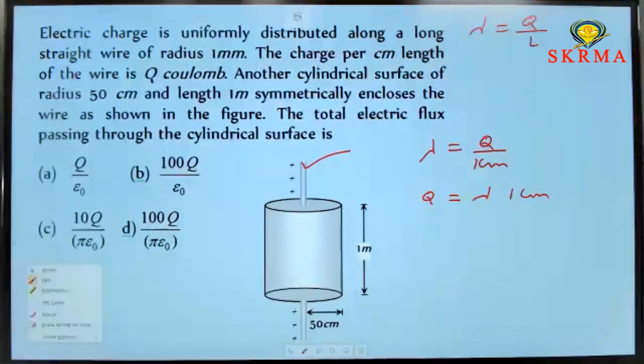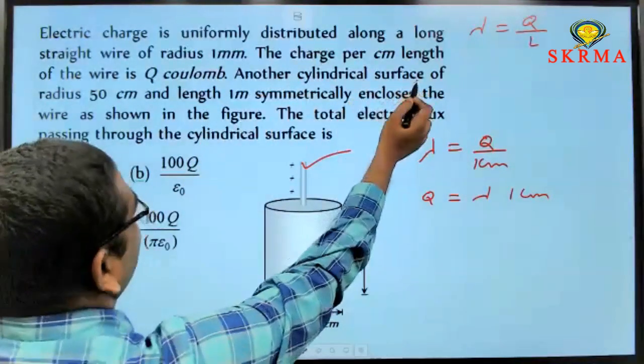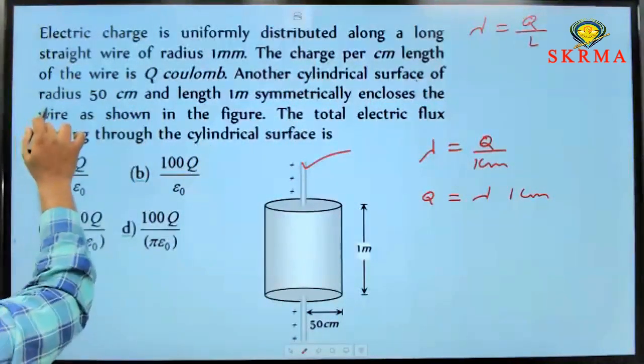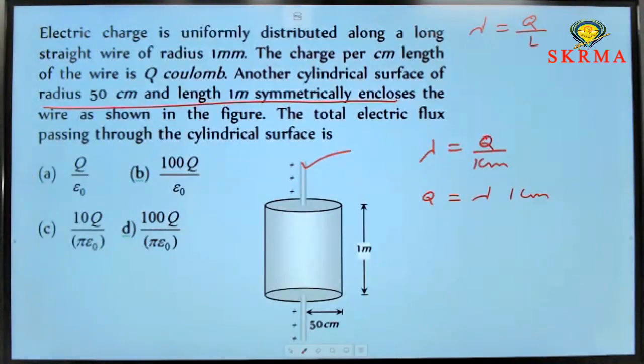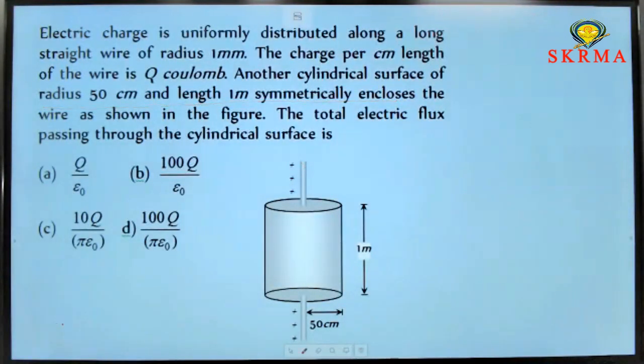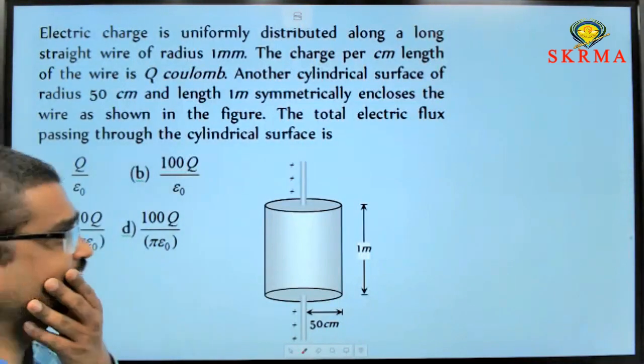Next, another cylindrical surface of radius 50 centimeter and length 1 meter symmetrically encloses the wire as shown. Then the total electric flux is. What is given?